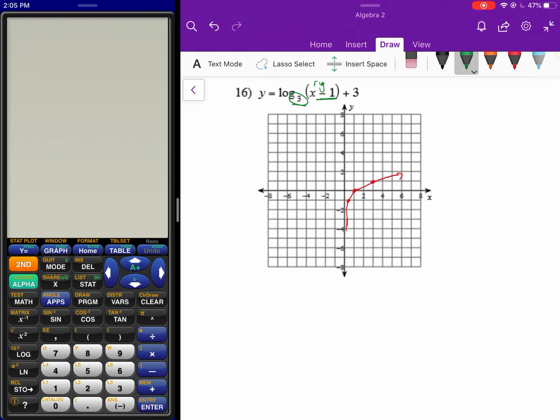So right 1, up 3, right 1, up 3, and right 1, up 3. So count those off. The asymptote does move also. The up 3 doesn't matter for it, but it does move right 1. So there's the asymptote, and there is the graph of our function. So that's graphing logarithmic functions.